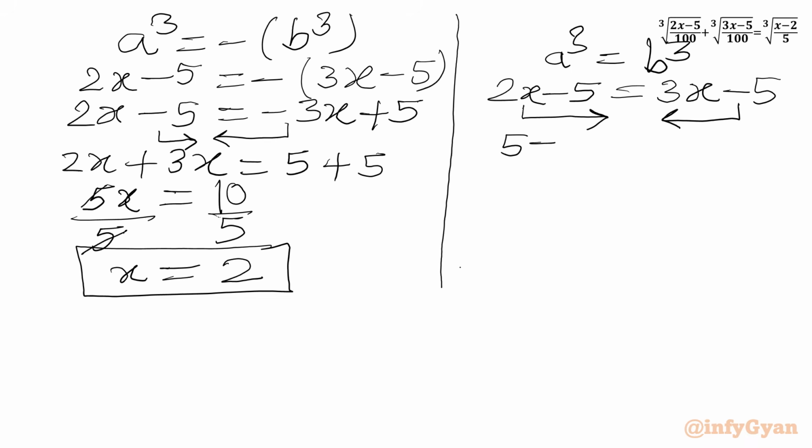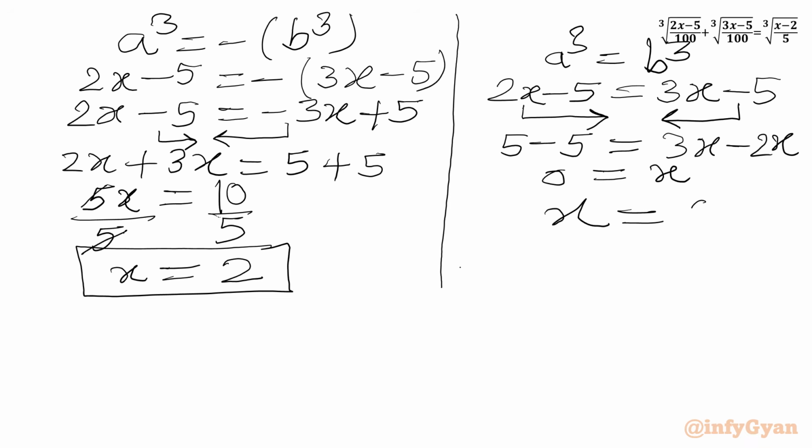So we will get 5 minus 5 in left hand side and 3x minus 2x in right hand side. So 0 will be equal to x. So our second real solution must be x equal to 0. So we have two real values of x which will satisfy our cube root equation, x equal to 0, x equal to 2.